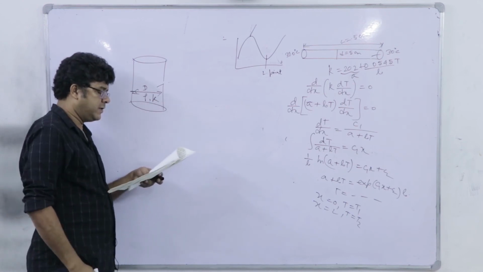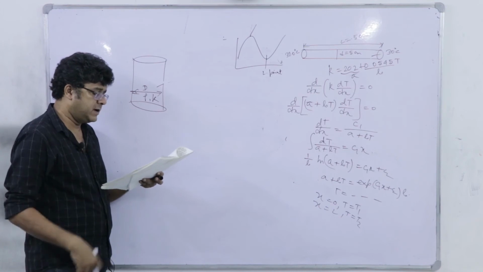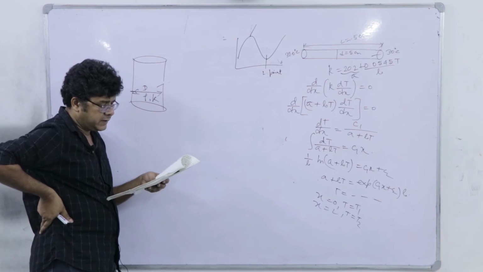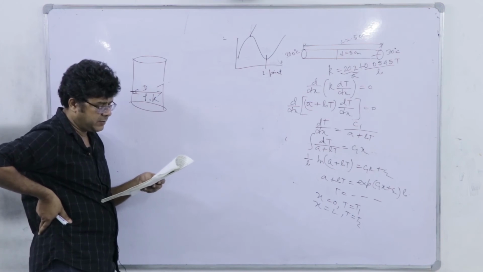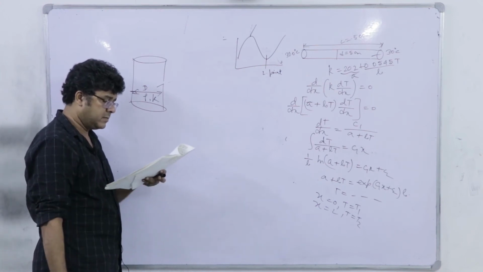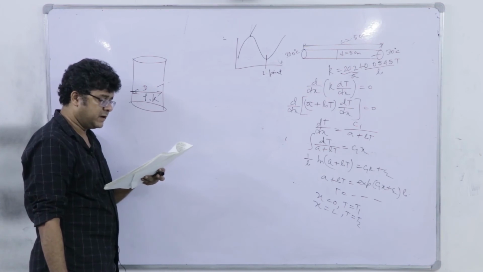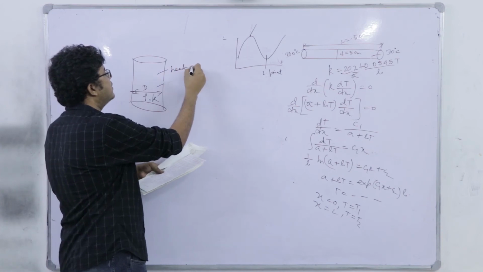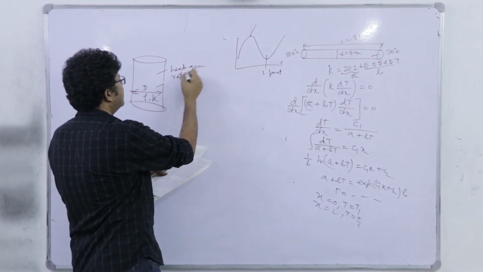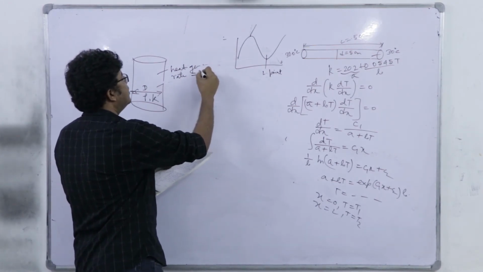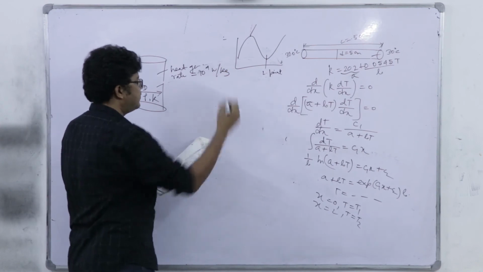So, the statement is: a 20 centimeter diameter cylindrical solid pellet of nuclear fuel with density 6000 kg per meter cube and conductivity 300 watt per meter per Kelvin generates heat by nuclear fission at a spatially uniform rate of 10 to the power 4 watt per kg.